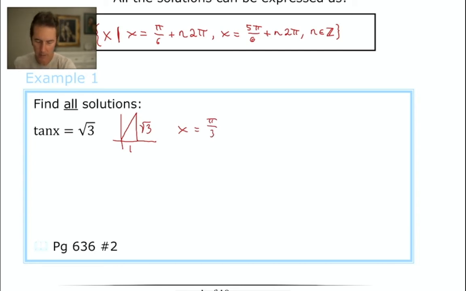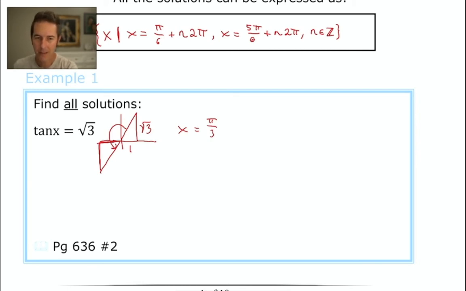Yeah. And then tangent's positive again in the third quadrant. And I could actually get to that angle measure simply by adding pi radians, because the period of the tangent function is pi. So pi over 3 plus pi would be 4 pi over 3.